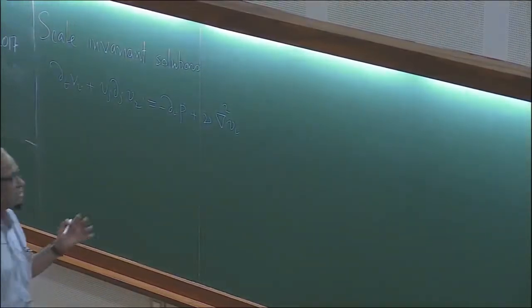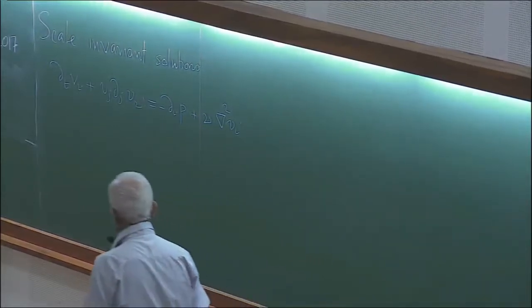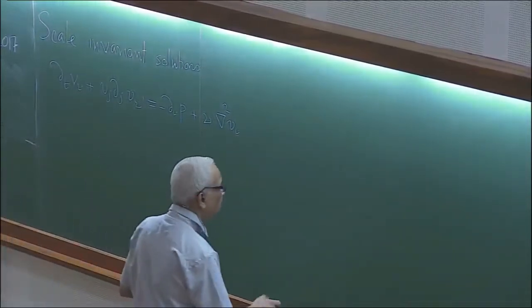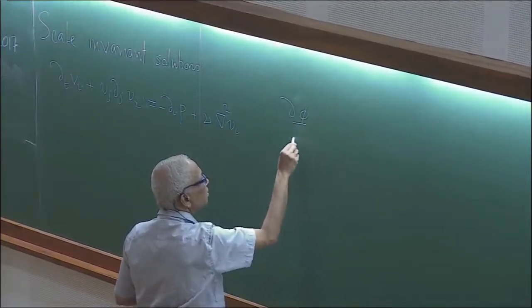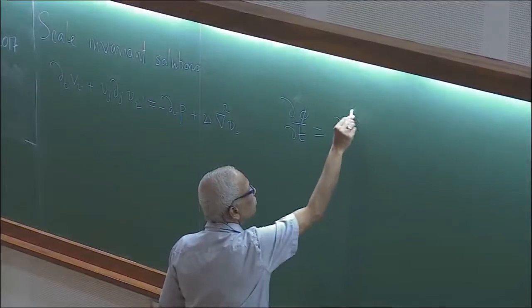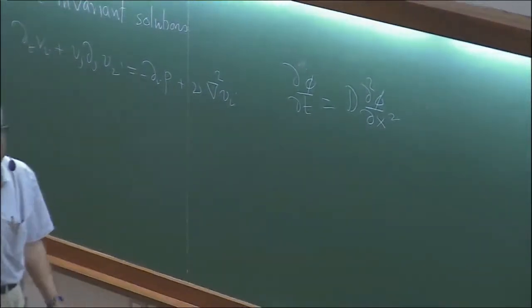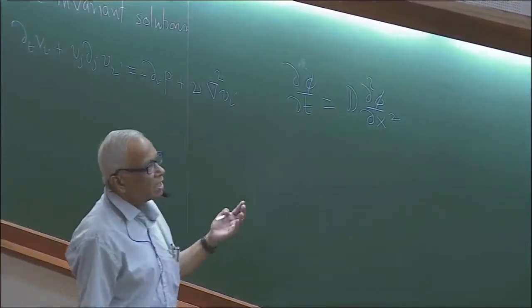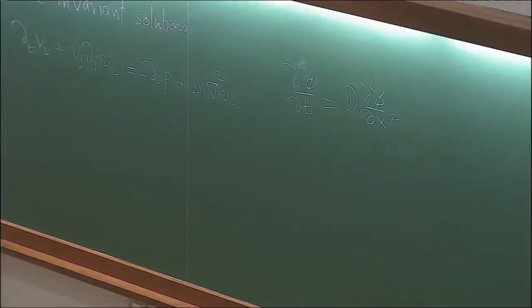But before I start on that, let me do something for a minute which all of you are completely familiar with, which is the diffusion equation. ∂φ/∂t is the diffusion coefficient D times ∂²φ/∂x². I ask the question: is there a scale invariant solution of this?